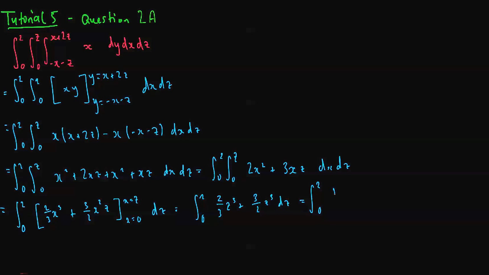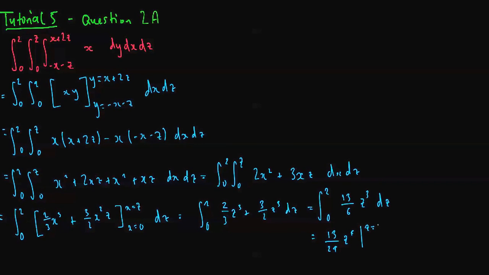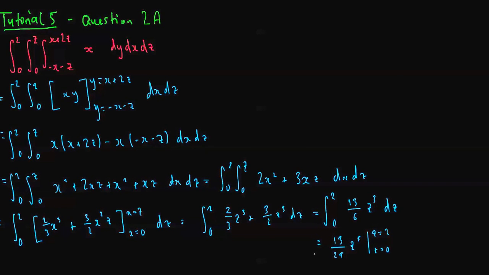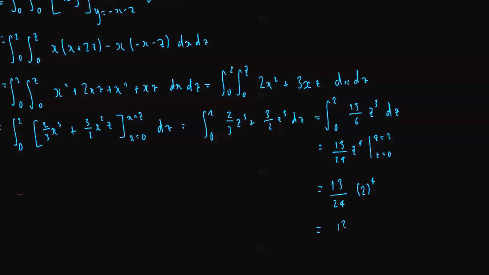So the integral from 0 to 2 of 13 on 6 z cubed dz, which is equal to 13 on 24 z to the 4, so 6 times 4, between z equal to 2 and z equal to 0, which is equal to 13 on 24 times 2 to the 4 minus 0. So 2 to the 4 is 16, so I have 13 times 16 on 24.